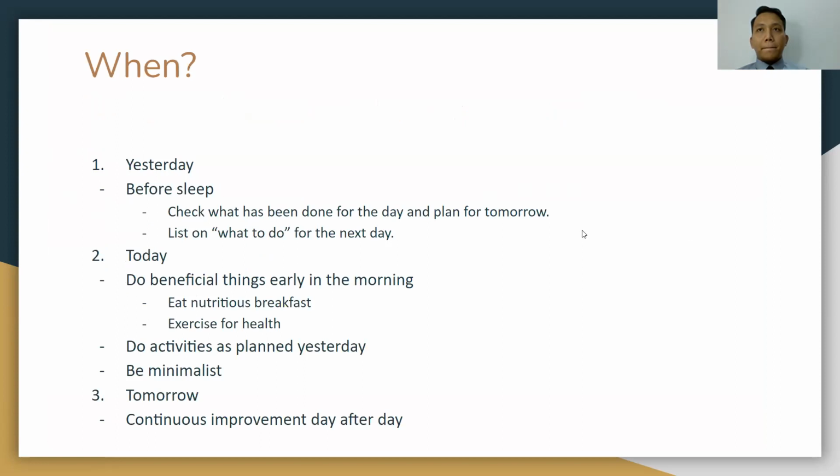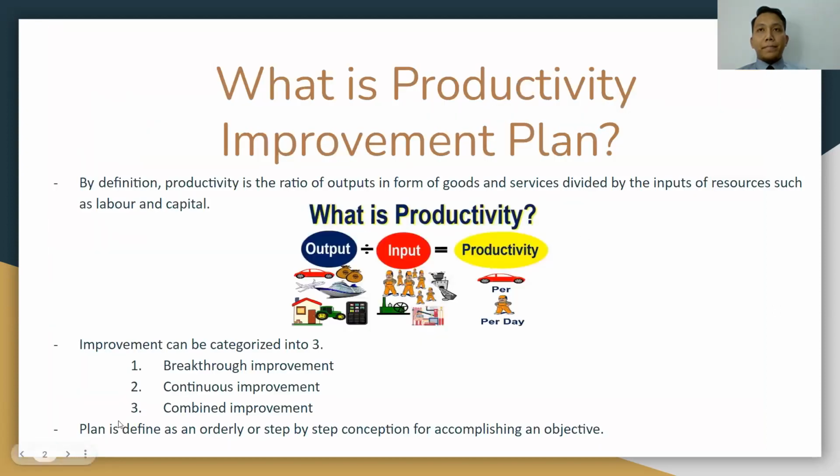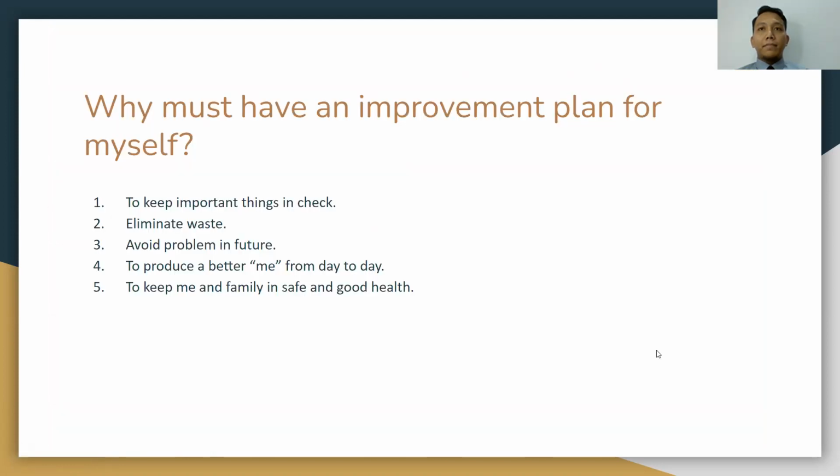Before that, what is a plan? A plan is defined as an orderly or step-by-step conception for accomplishing an objective. So why must we as human beings have an improvement plan? Firstly, to keep important things in check.